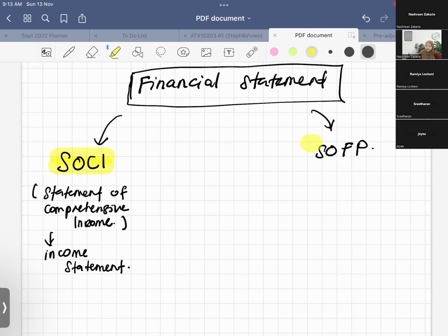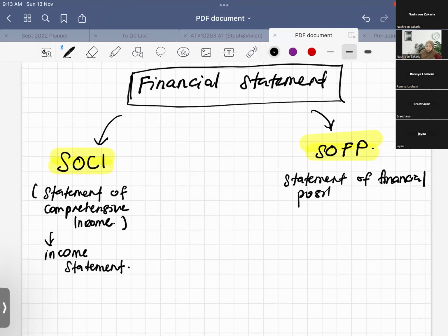Okay. And another statement is called the statement of financial position. This one is also known as the balance sheet.